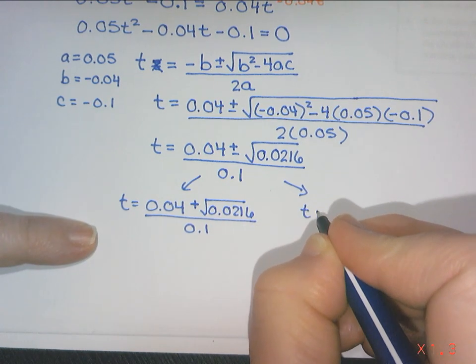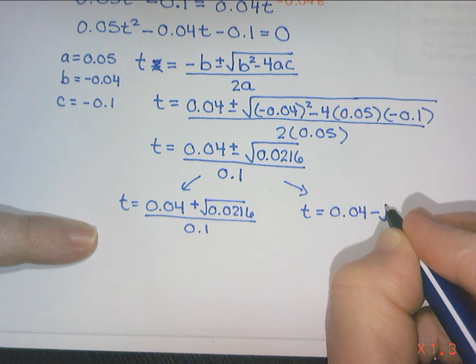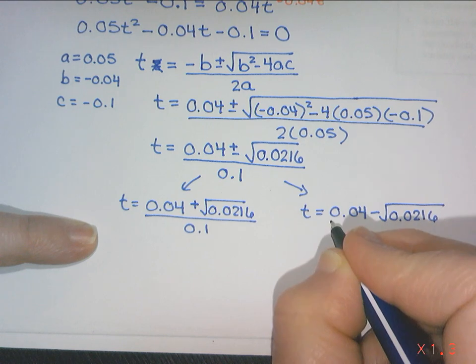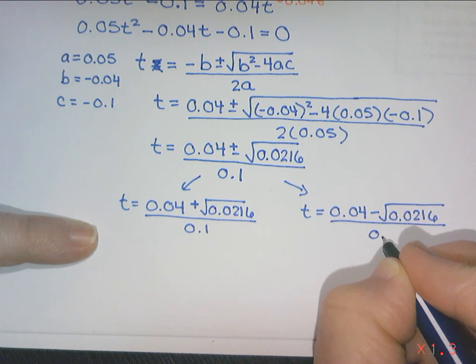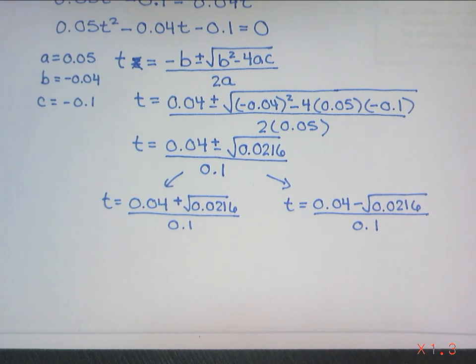And then the other one is going to be t equals 0.04 minus the square root of 0.0216. Did I ever tell you I don't really like decimals? There's just so much to write, and so easy for me to make a mistake and not copy down something correctly.